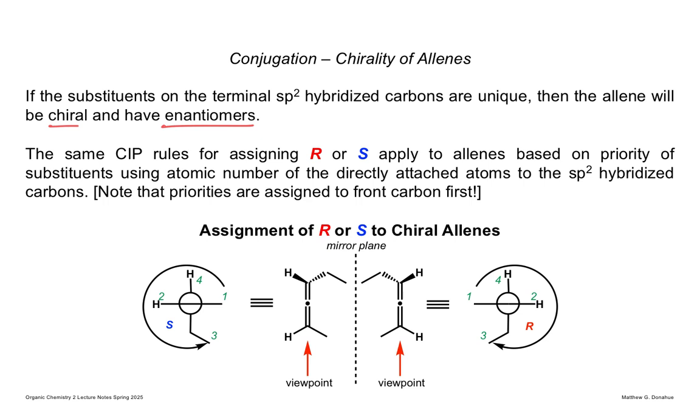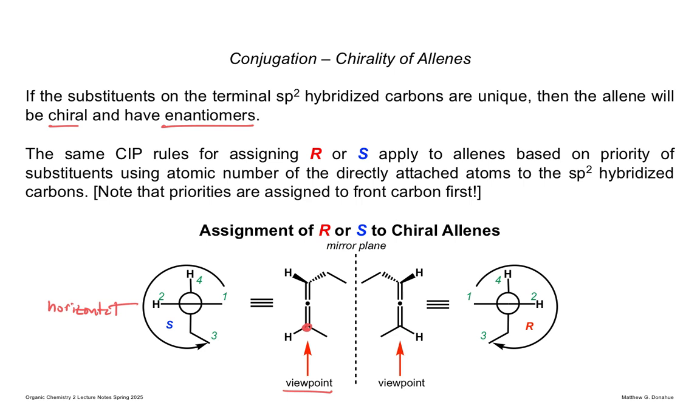So if we look at the case shown, here's our viewpoint, and now we're going to look at this carbon right here, and those are going to be in the plane, so they're horizontal. And we assign priority to them.